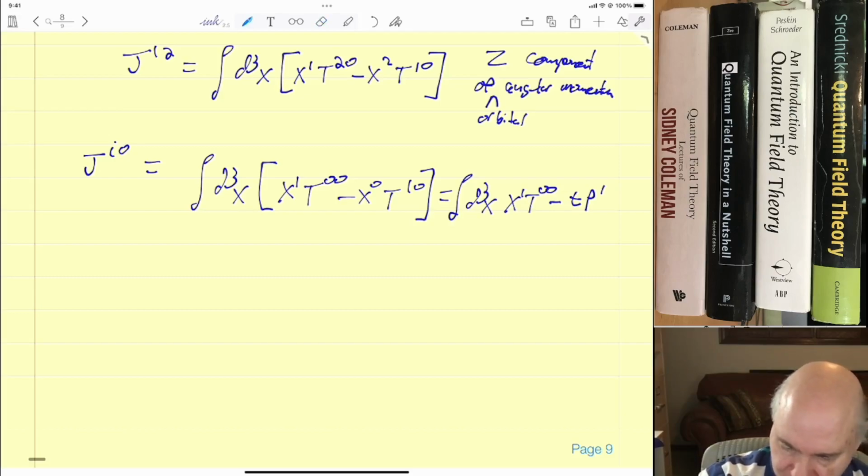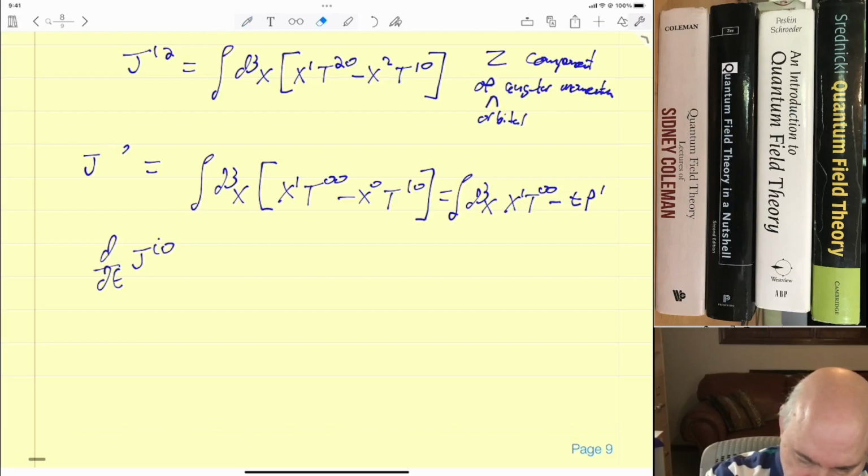And the integral of T^10 is just the x component of momentum. So what this is saying is that when we take the derivative of this, we'll make it 1. I meant to just treat the 1 case.